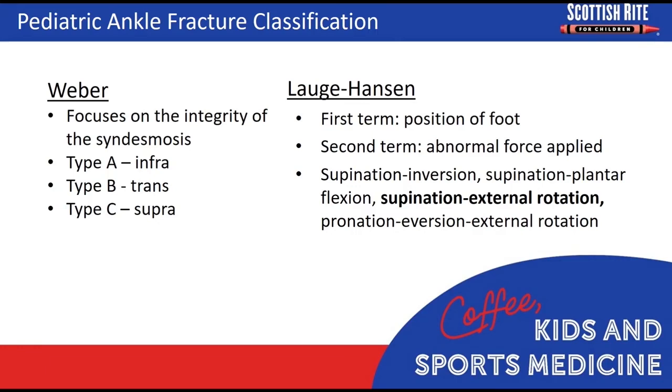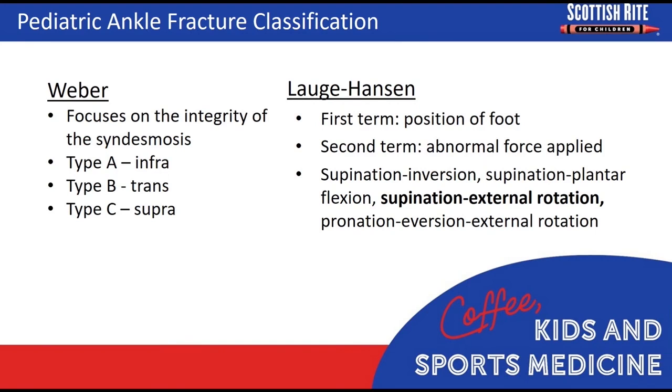Lauge-Hansen describes the actual mechanism, and Weber focuses on the stability of the syndesmosis, the soft tissue between the tibia and fibula. Type A is below the syndesmosis. Type B, which tends to be the most common, is transsyndesmotic, and type C is above the soft tissue.